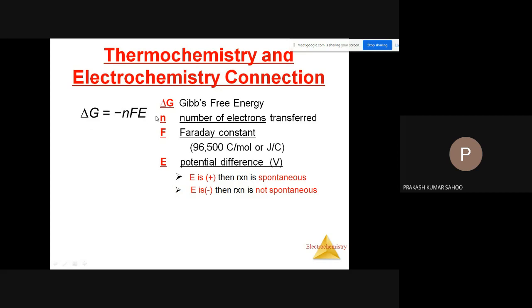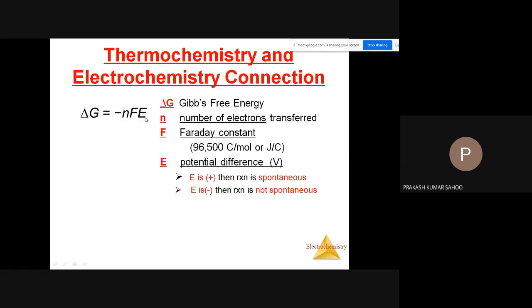Just remember, in thermodynamics, when free energy change is negative, the reaction is spontaneous, and when it is positive, the reaction is non-spontaneous. Among N, F, and E, N is constant, F is also constant, so the only variable is E. So when E is positive, del G is negative and the reaction becomes spontaneous.